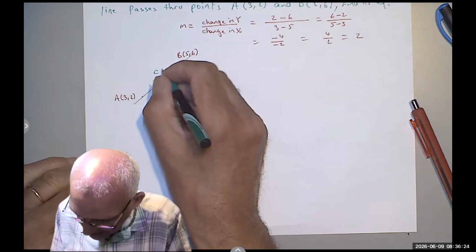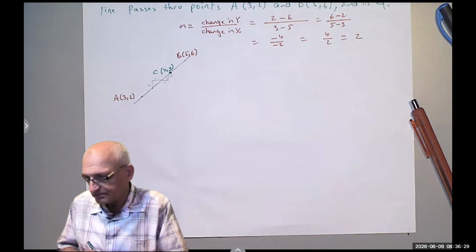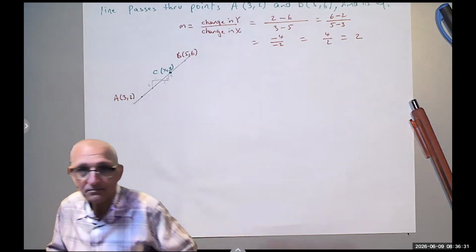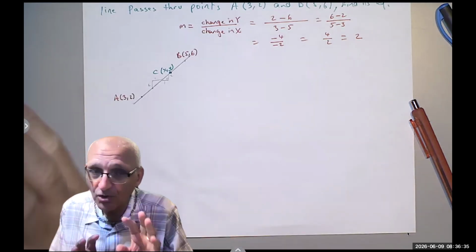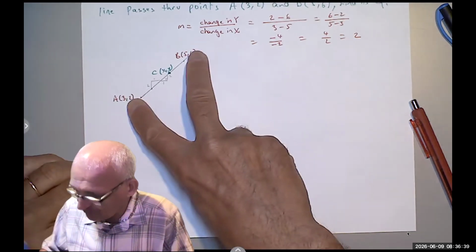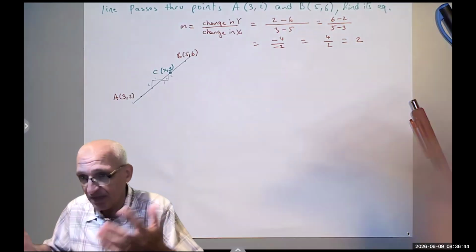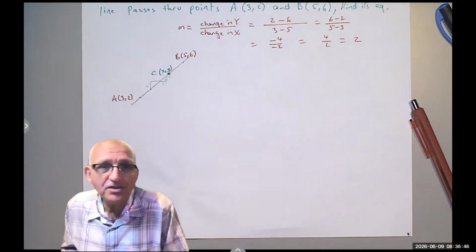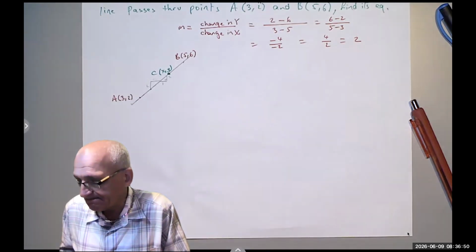I'm going to call it x and y. Okay? I don't want you to memorize. I want you to understand. So I use these 2 points to find the slope. Now I need to find the equation that has x and y. So I create a point and I call it x and y. Okay?